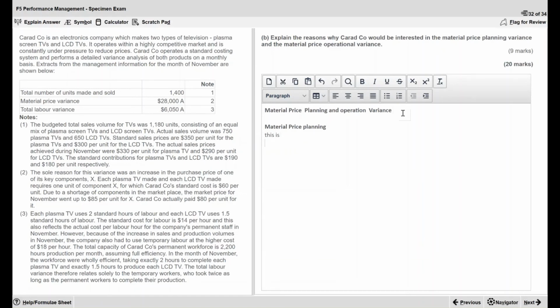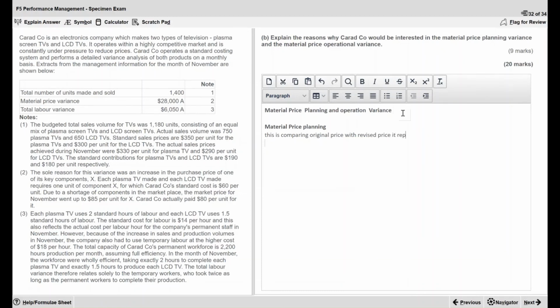This is comparing original price with revised price.